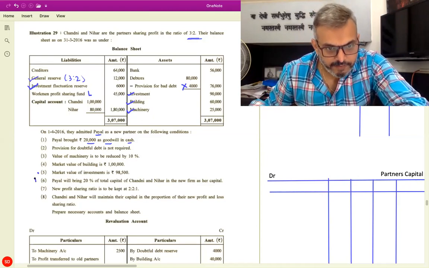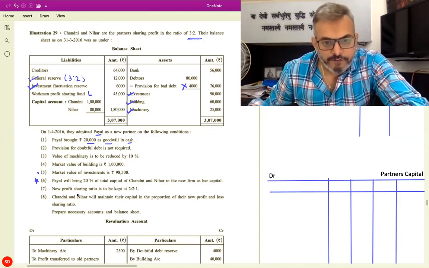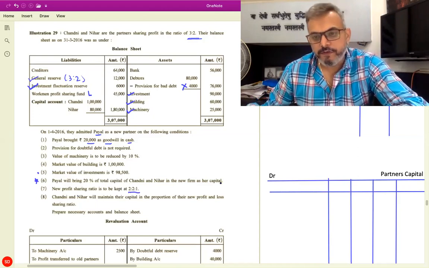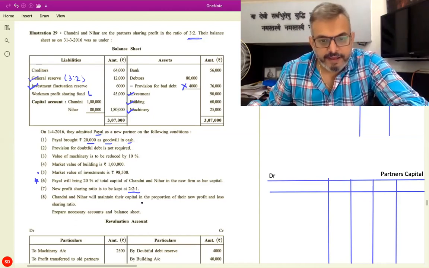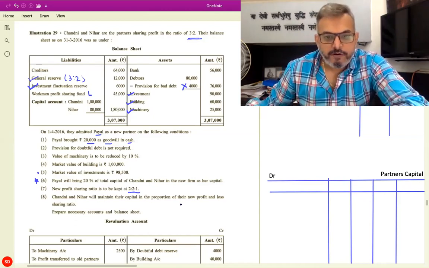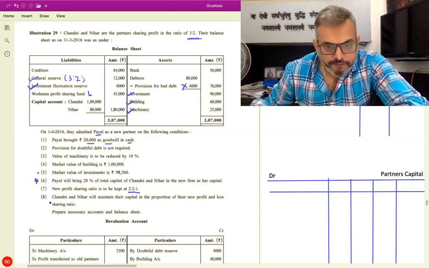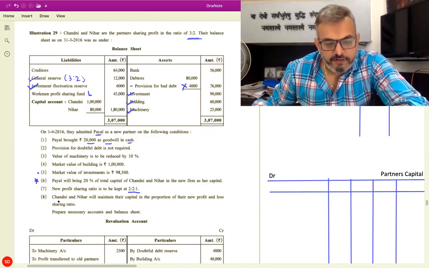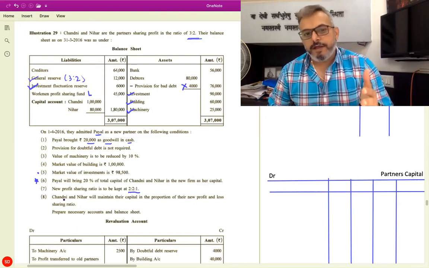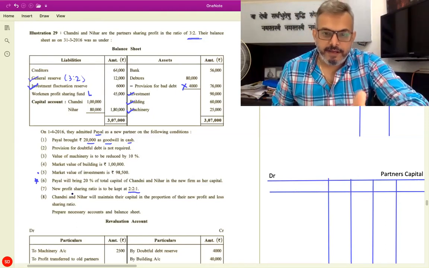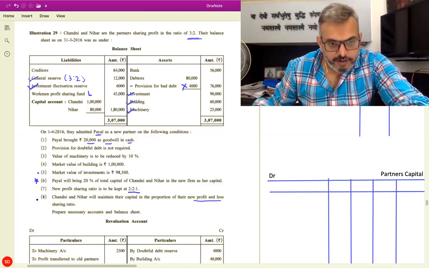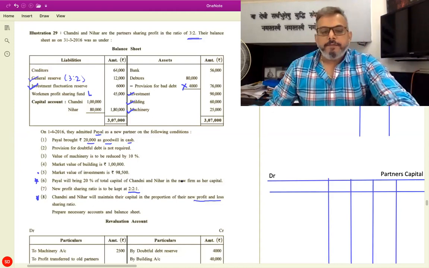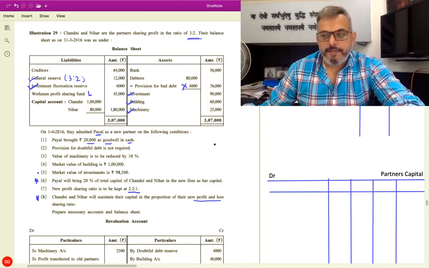So important adjustment. New profit sharing ratio to be kept at 2 is to 2 is to 1. Chandni and Nihar will maintain their capital in proportion of their new profit loss sharing ratio. So the existing partners will also maintain their capital in the new firm in the new profit loss sharing ratio. Again important later. Prepare necessary account and balance sheet.